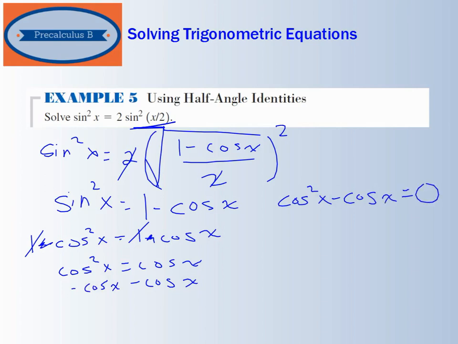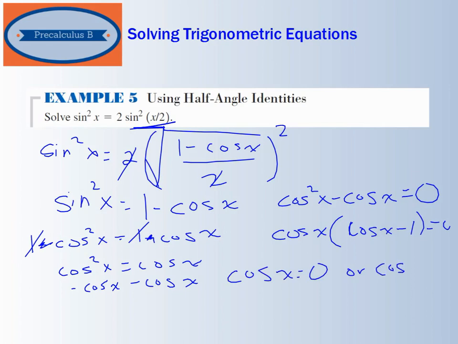We can now factor out a cosine. So we have cosine x times (cosine x minus 1) equals 0. So we know that this will be a solution when cosine x equals 0 or, excuse me, when cosine x equals positive 1.